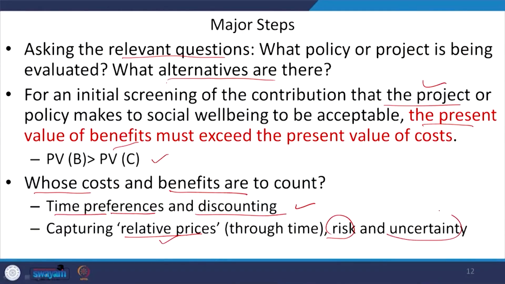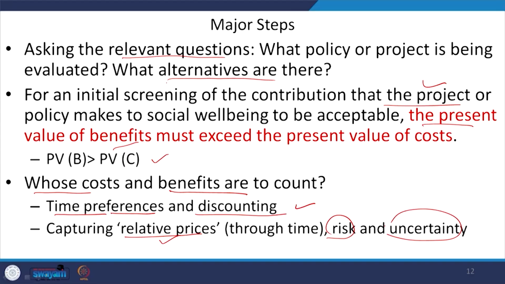Because we are talking about present and future time and the time dimension, like the first year, second year, up to let us say 20 years, we need to take the relative time, addressing the risk as well as uncertainty. Costs and benefits that are present are not suffering from any kind of risk or uncertainty, so they are prone to less risk and less uncertainty.